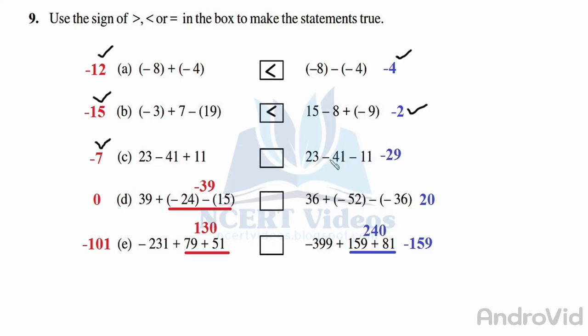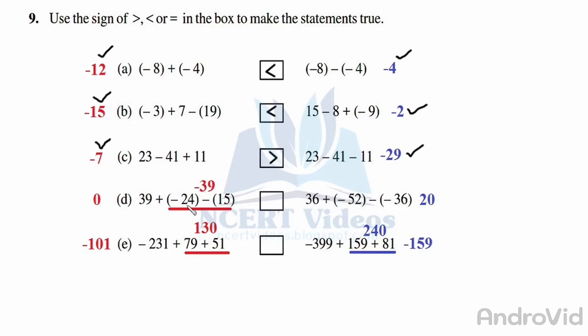Sign will be negative and they will be subtracted. So minus 29. Now let's compare it. Obviously minus 7 is greater, therefore you have to open the bracket sign towards the greater number. Therefore it will come like this. So minus 7, and we read it as minus 7 is greater than minus 29.